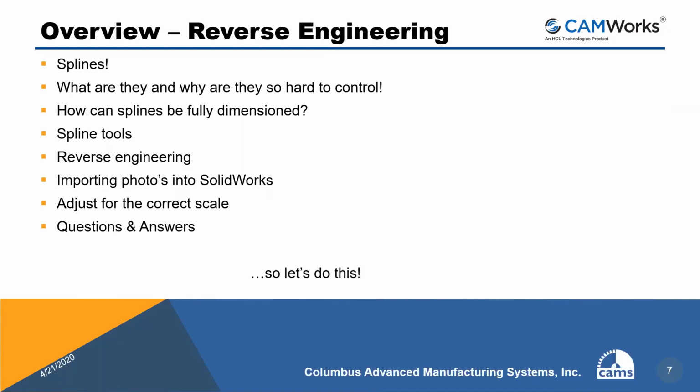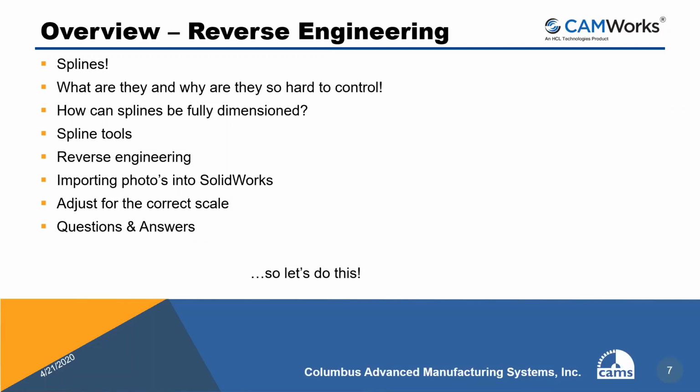So what's really required are two things: a good digital photograph, and that would be from a plan view, right? You're not taking this picture from a perspective or something like that, because ultimately what you're going to do is import that photograph into SolidWorks.